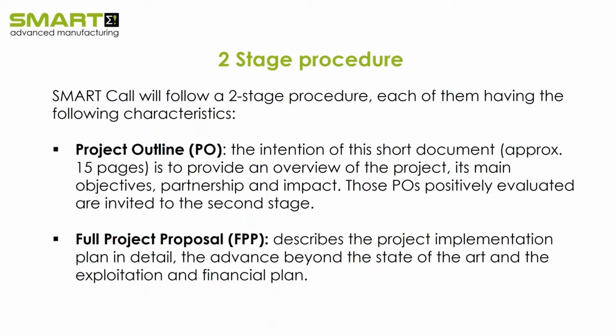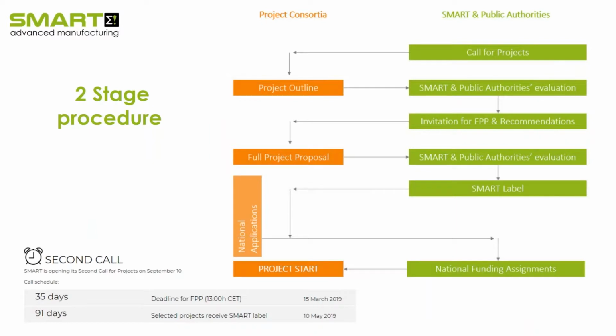And you will also have to inform your national agency that you intend to do that. These are the conditions if you want to go to the full project proposal directly. And I have to say that not all the national agencies agree with that procedure of going directly to the FPP phase. So I would highly recommend you to contact the Smart office in case you think of going directly to the FPP phase. This will be the procedure.